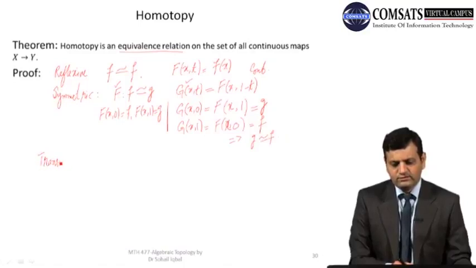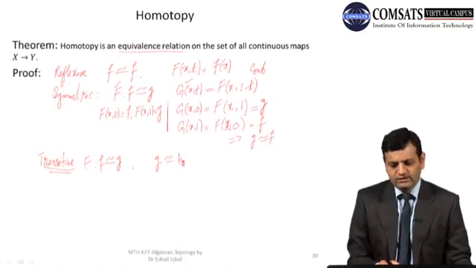Next we have to show that it is transitive. For transitivity, we have to show that if f is homotopic to g using a homotopy, for example F, and g is homotopic to, let's say, h using a homotopy, let's say capital G, then f is homotopic to h.